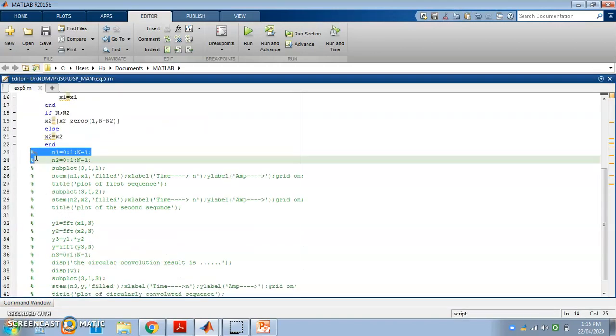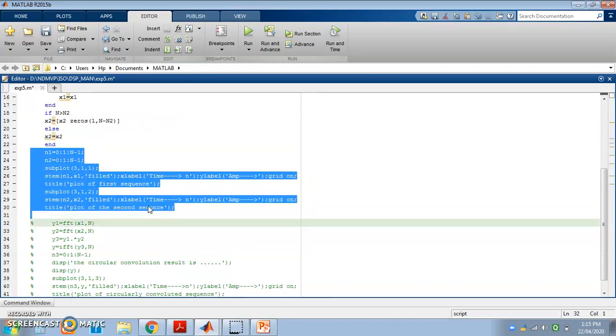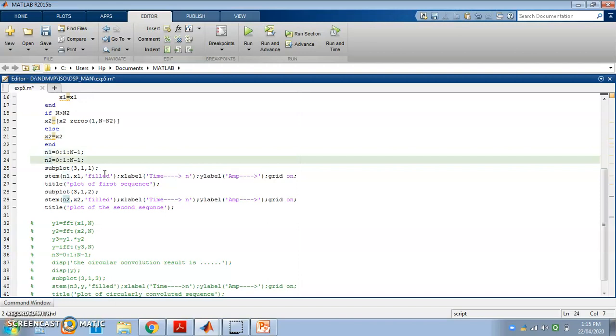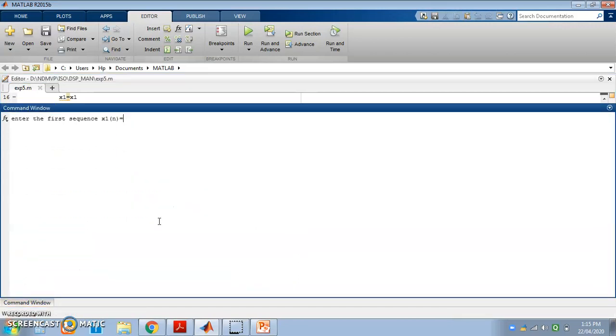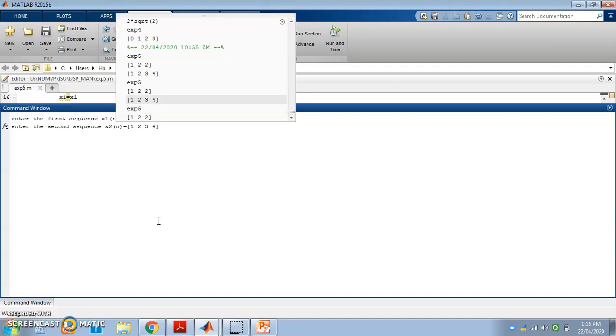Next, I need to plot the sequences x1 and x2 with respect to the time axis. I have defined a separate time axis for sequence x1 as n1 and for sequence x2 as n2. If we run the subplot command and stem command, we can have the plot of the original sequences, 1 2 2 and 1 2 3 4.